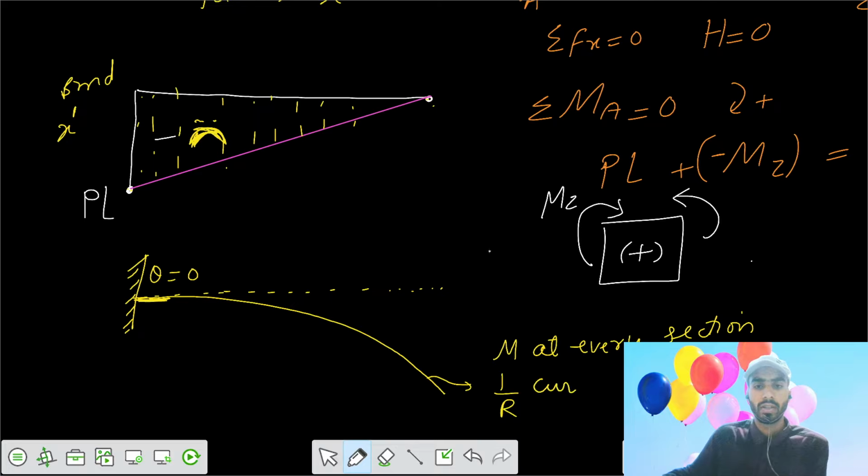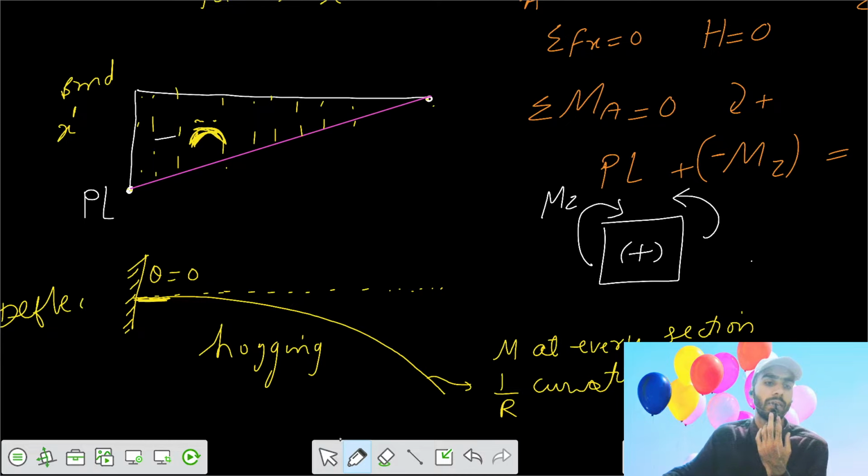So there is curvature in the beam. There's no part where it is a straight line. This is hogging bending moment, and this is called the deflected shape. So your deflected shape would be like this.